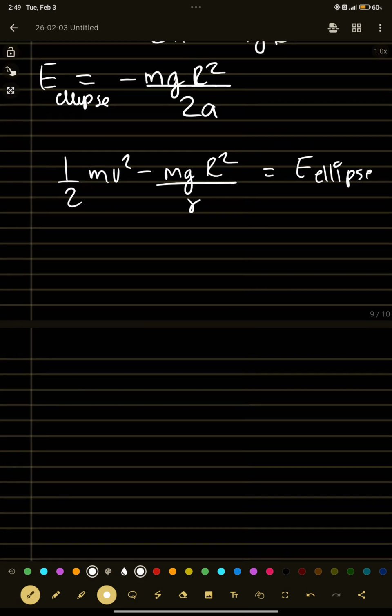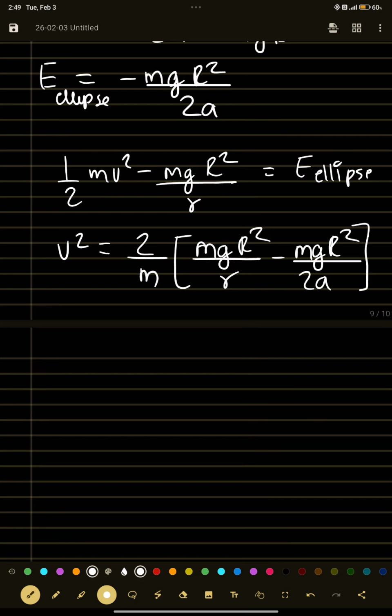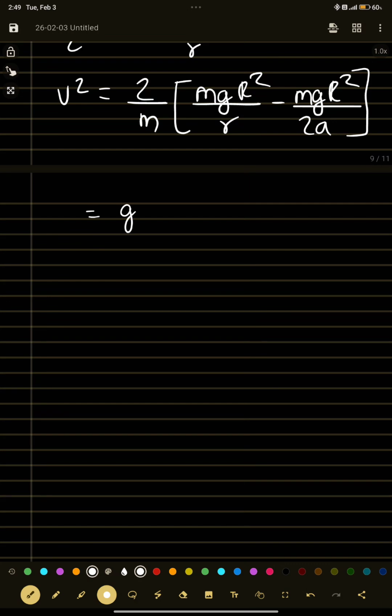But here what it is, 2 by m mg r square by r minus... please check this expression, gr square को बाहर ले लिए, okay, m cancels, 2 gets multiplied.